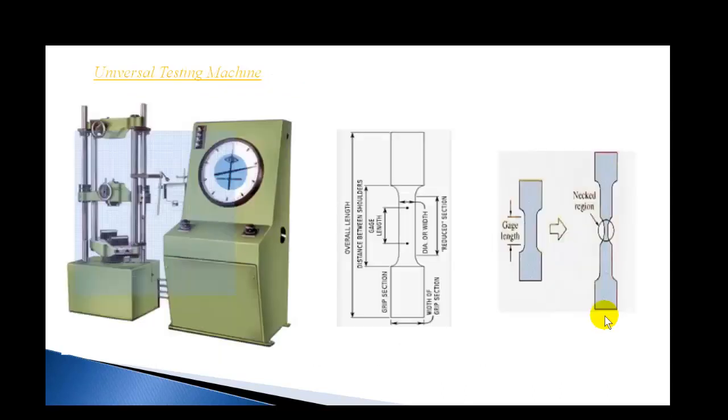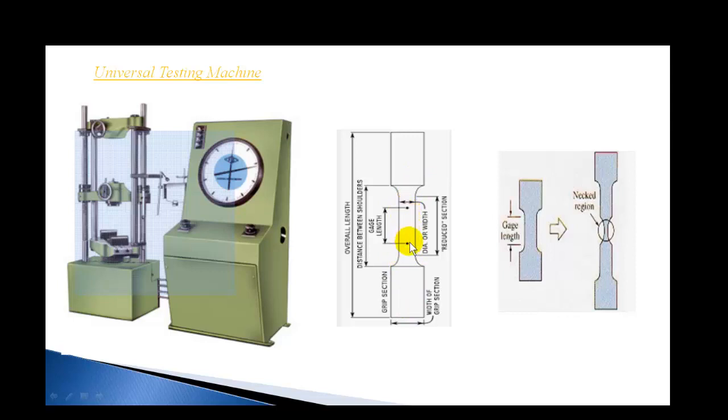A universal testing machine, or UTM, is used to conduct a tensile or compressive test on a specimen to find out the elastic properties. This figure shows the tensile test specimen, and the ends of the specimen have a larger diameter compared to the center region where you make the measurements.